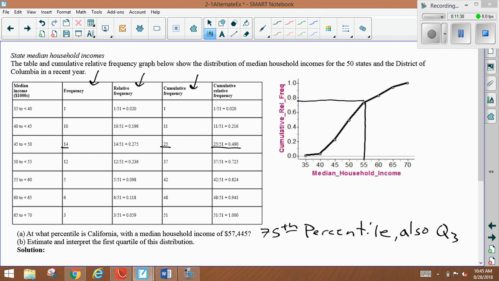And hey, let's estimate and interpret the first quartile of this distribution. All right. Well, how will we find quartile 1? We'll go to 25, right? Somewhere around here, yeah.